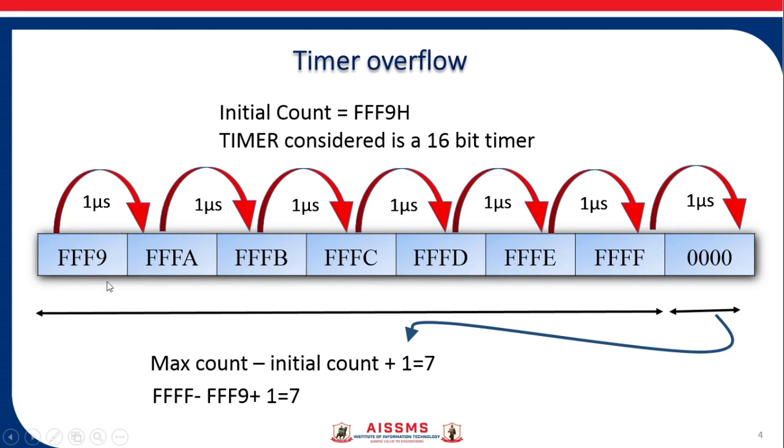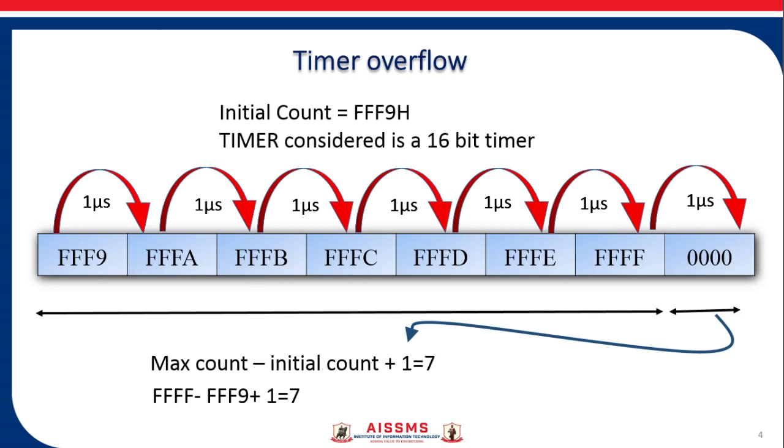The way you calculate this is the maximum count, which is FFFF, minus the initial count, which is FFF9, plus 1. It gives you the total number of states counted by the timer before it overflows.